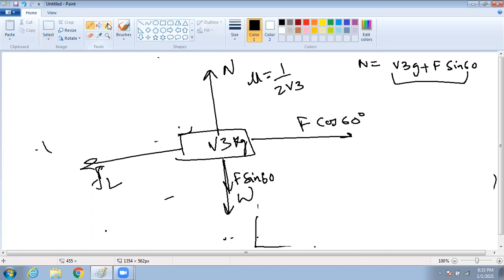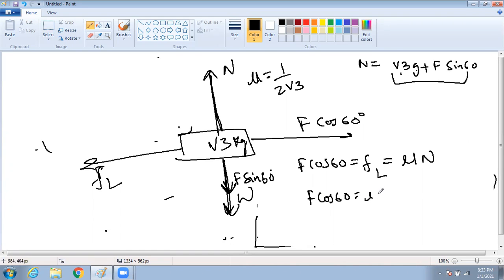So my normal force upward is equal to two forces: F sine 60 and the weight, which is root 3 into G. And your F cos 60 is equal to your limiting friction, and limiting friction equals mu N. That means your F cos 60 equals mu N.